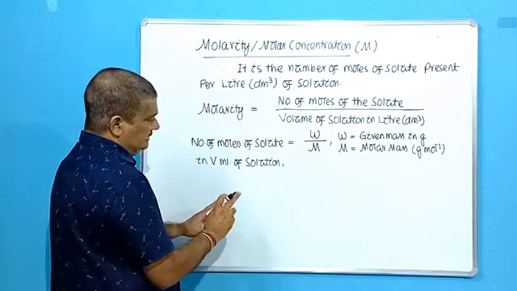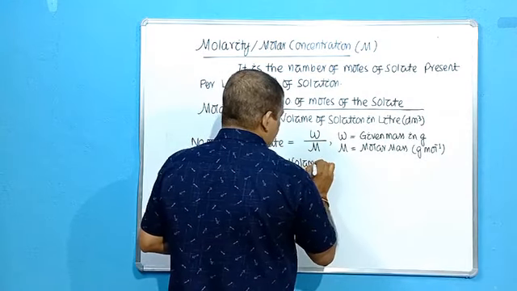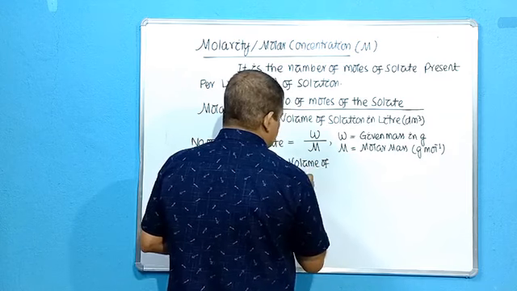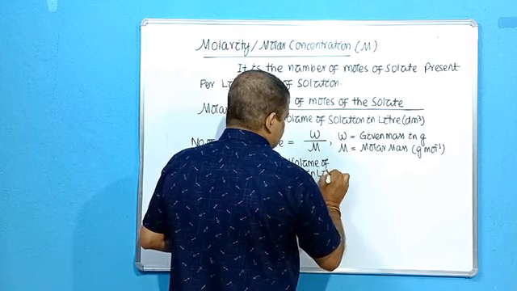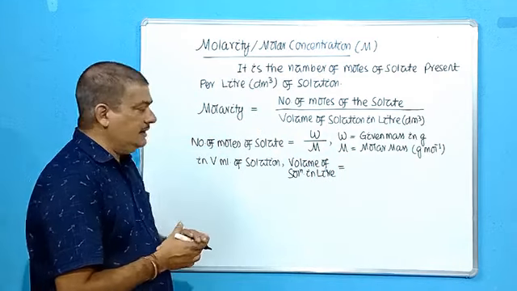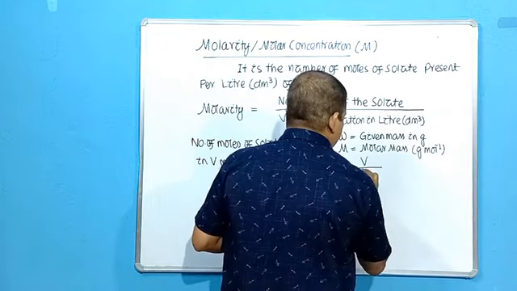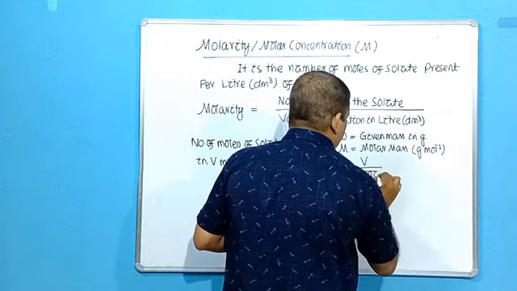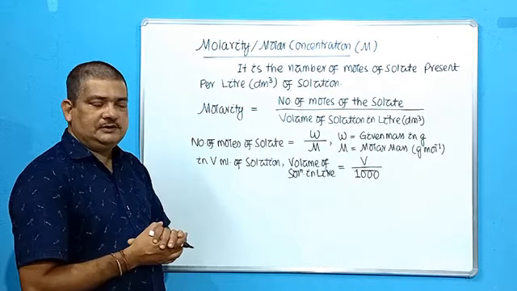So suppose V milliliter of the solution is there, then volume of solution in liter will be V by 1000. Volume of solution in milliliter divided by 1000.